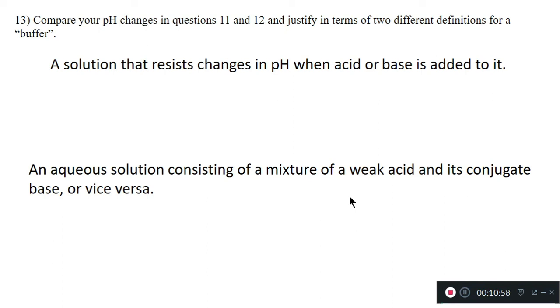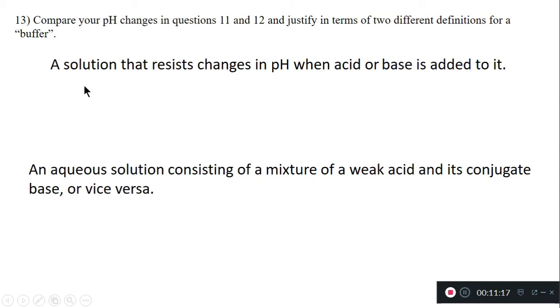My two components can interact: the weak acid can interact with any strong base that's added, and the conjugate base can interact with any strong acid that's added. So I need both components that can regenerate each other through that reaction in equilibrium in order to stabilize the pH. So this is two ways of looking at it.